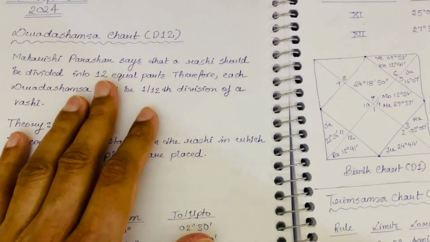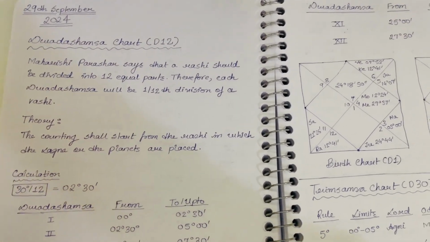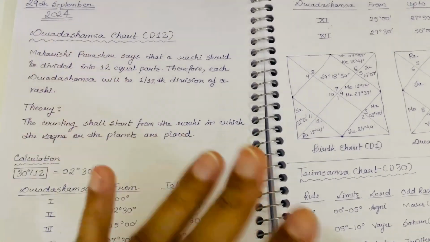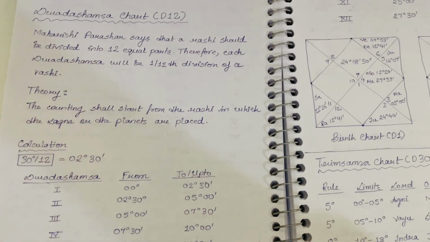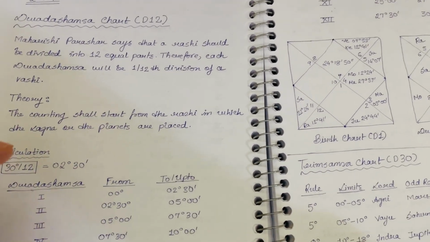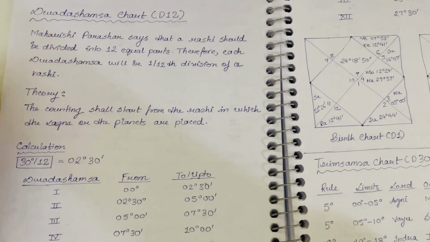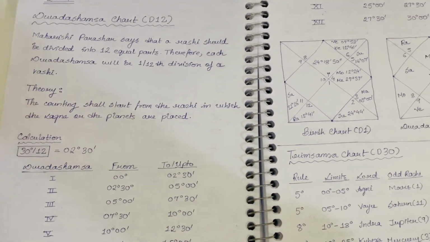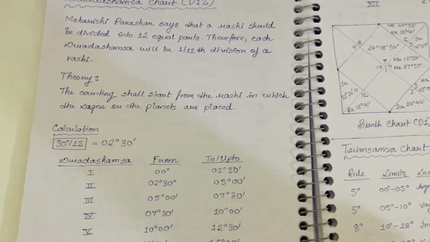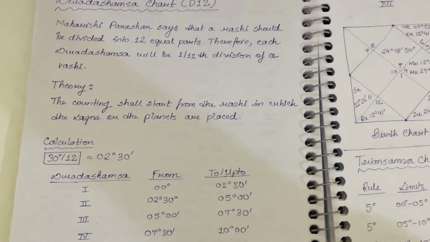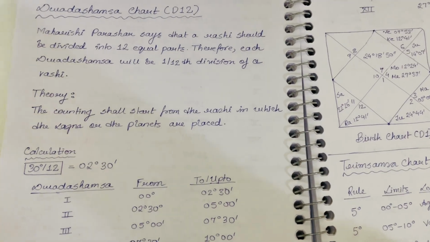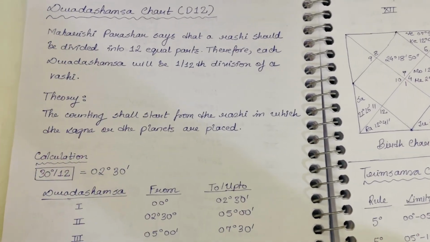It's going to take very little time as compared to the other charts, whenever you are creating a Dwadashamsha chart and making it ready for your prognosis, analysis and interpretations. Now there is only one theory that we need to keep in mind whenever we start to manually calculate and create our Dwadashamsha chart.